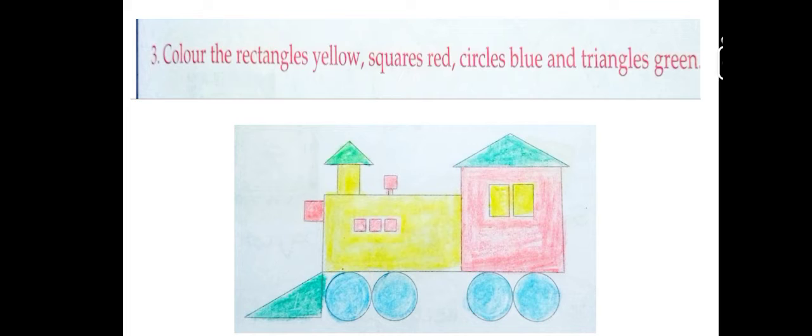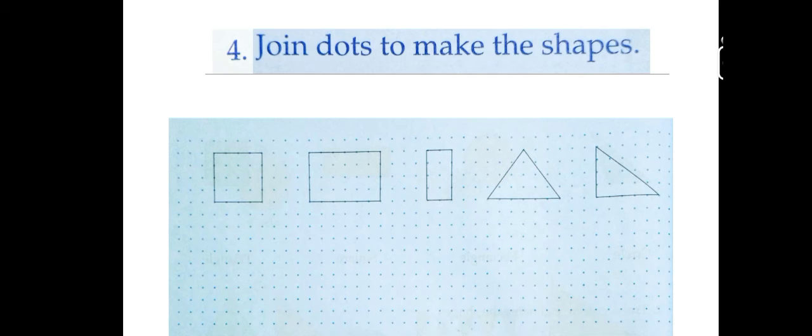Now, circles. In this engine we have circles. With the help of blue color we will color our circles. And the last shape is triangles. We will color our triangles with green color.